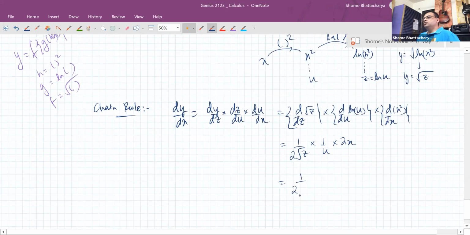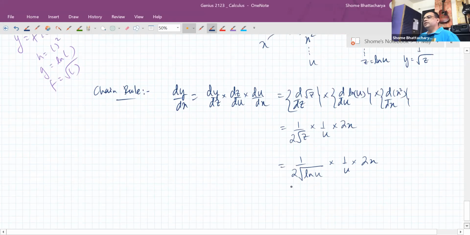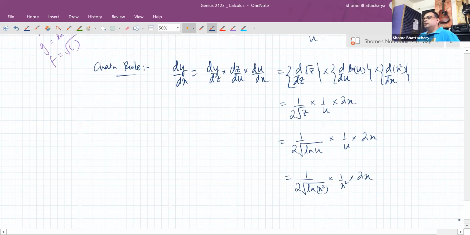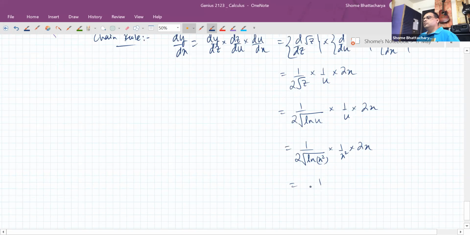So 1 by 2 root of ln u, and now let's substitute u as x square, which we can also write as 1 by x.